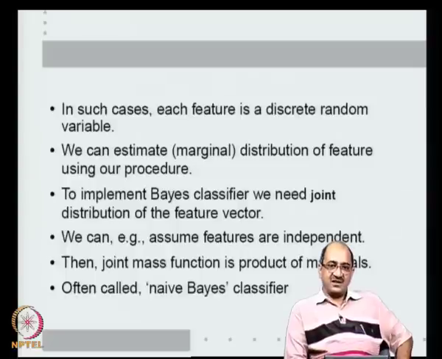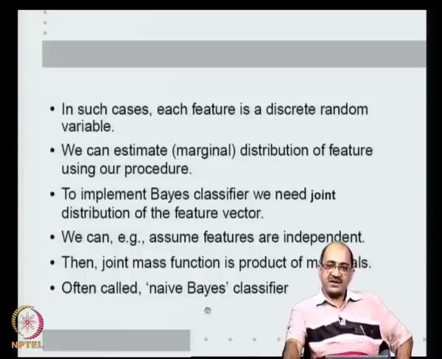The connotation of naive is that in the bag of words model, I may have 100,000 features. Estimating all the covariances is such a time consuming method that I simply neglect them. That is why it is called naive Bayes, and in many search and retrieval, document classification and similar web based applications, a naive Bayes classifier performs quite well.